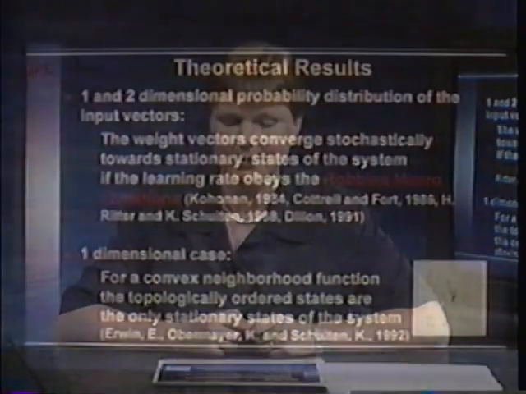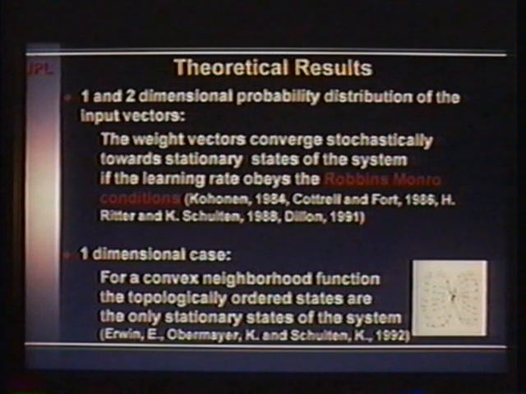The first result is that for a 1- or 2-dimensional probability distribution of input vectors, the weight vectors will converge stochastically towards stationary states of the system if the learning rates obey the Robbins-Monro conditions. The Robbins-Monro conditions specify how fast the learning rate will go to 0. This work was done by Kohonen in '84, Cottrell and Fort in '86, Ritter and Schulten in '88, and Dillon in '91.